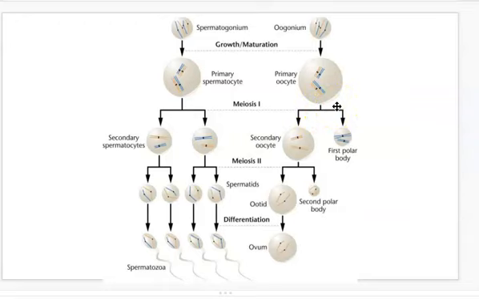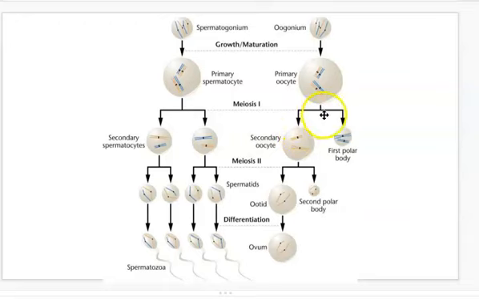Just to review, ovulation is when the oocyte is going to go into the fallopian tubes, the oviducts, and can possibly be fertilized. So a secondary oocyte does not exist until right before ovulation. Right before ovulation, meiosis 1 will finish. You'll have a secondary oocyte. That's what will be ovulated. That is what will leave the ovary and head into the oviducts.